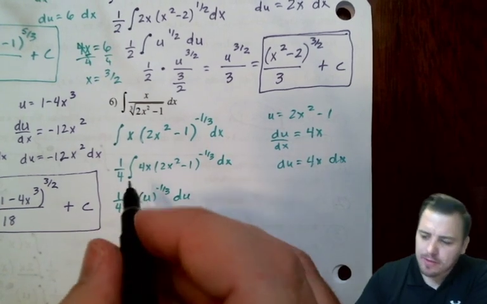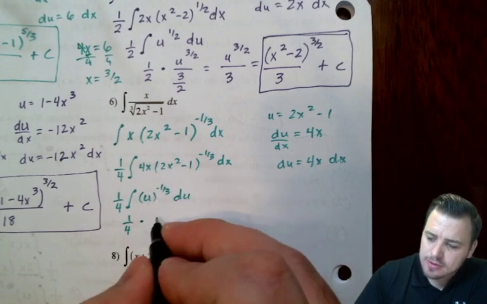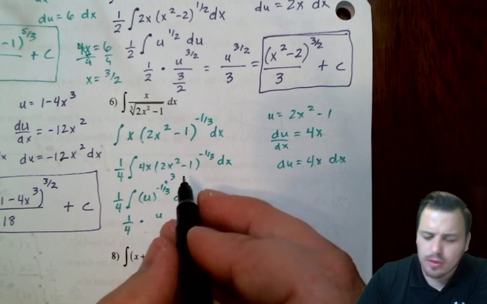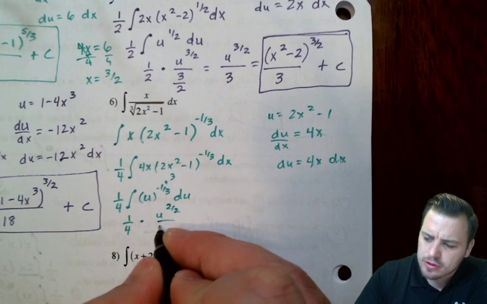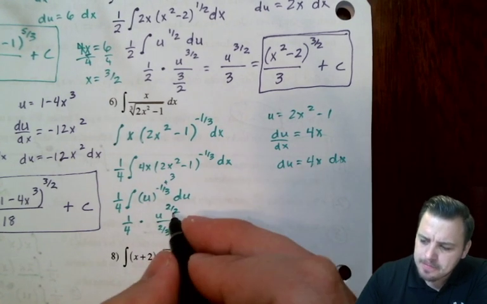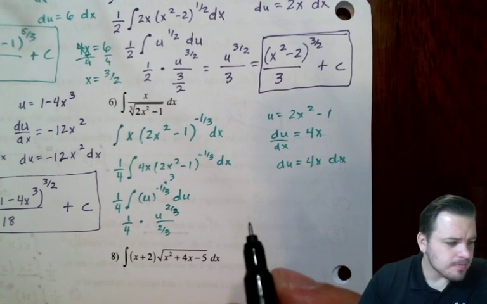Then from there, I have 1/4 times u to the, if I add 3/3 to that, that should take me to 2/3 over 2/3.